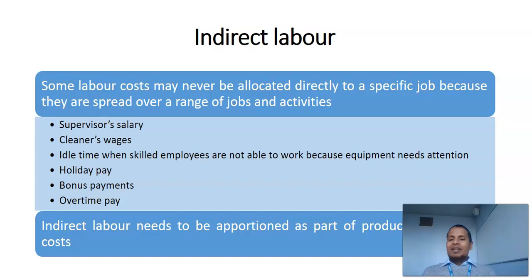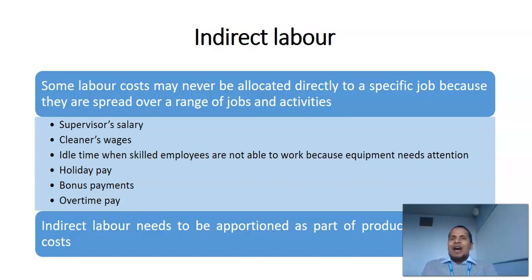So his salary is supposed to be a cost of different products, not only a particular product. For example, the cleaners' wages. Cleaners are not for a particular product, or for a particular machine. So cleaners' payments, idle time payments, holiday pay when people are not working, bonus payments, overtime payments, these are part of the cost of the product, but they do not relate to a particular product.